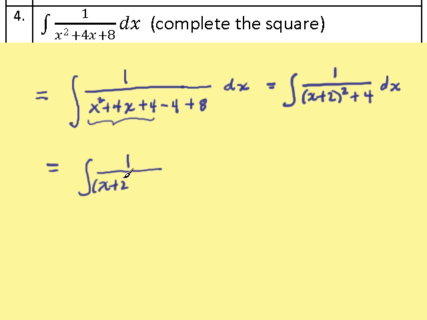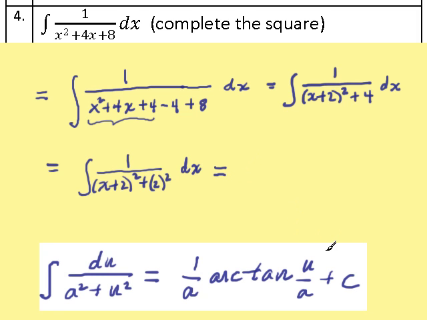So we could just write this one more time. Let's write it as x plus 2 squared plus 2 squared dx. Now we could replace x plus 2 with u, although it's not really necessary because du would be equal to dx, so no constant would come out. So we'll just go ahead and integrate this, according to the second form.